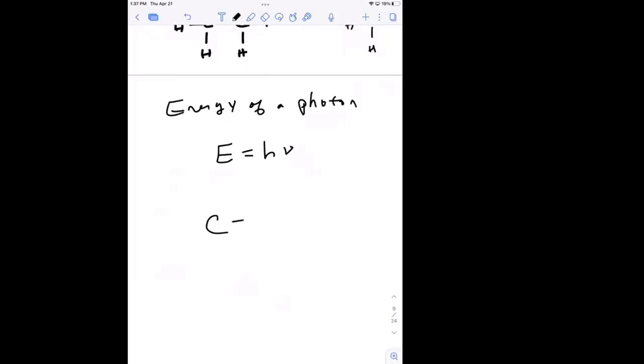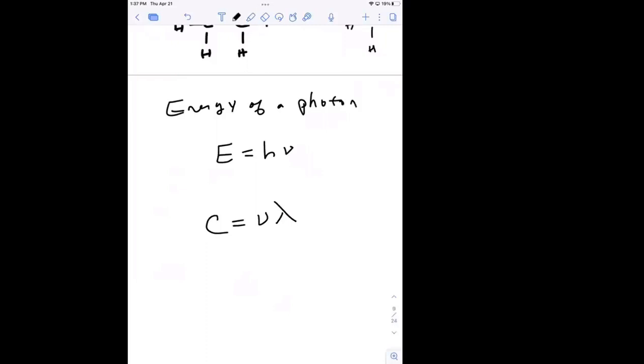Because every time I've shown you an equation, I've also shown you how to manipulate it to get what you want, right? So if the energy of a photon is Planck's constant times the frequency, and the speed of light equals the frequency times the wavelength.